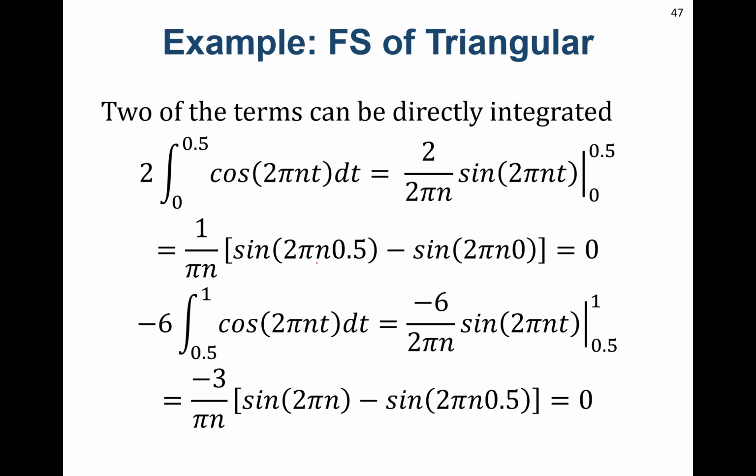The sine of 3 pi is going to be equal to 0 again. That's 360 plus 180, it's 540, and on and on. So this is always going to evaluate to 0. This one's more obvious because the sine of 2 pi n times 0 is the sine of 0, and we know that the sine of 0 is always equal to 0. So this is 1 over pi times n, times 0 minus 0, regardless of the value of n.